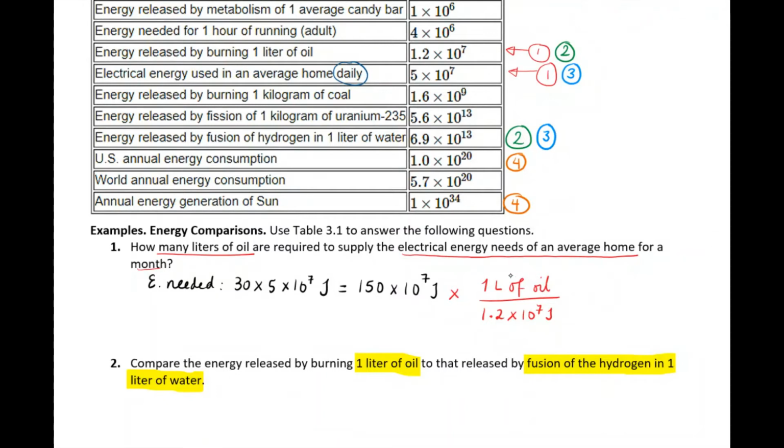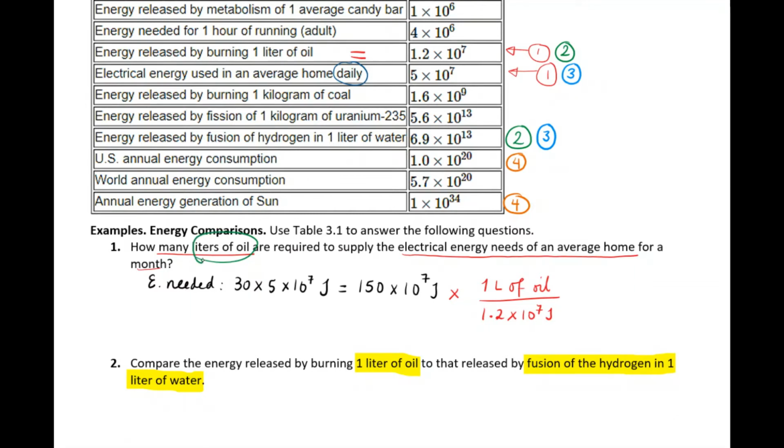This fraction is equal to 1 because they represent the same thing: the energy of 1 liter of oil is the same as 1.2 times 10 to the 7 joules. Why do I write it in this form? You can flip it, they represent the same ratio, but I want the outcome as liters of oil.